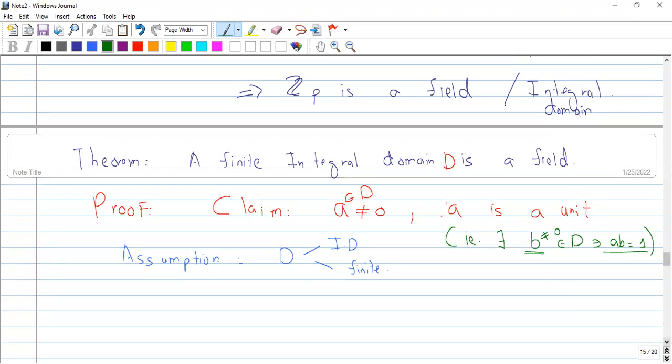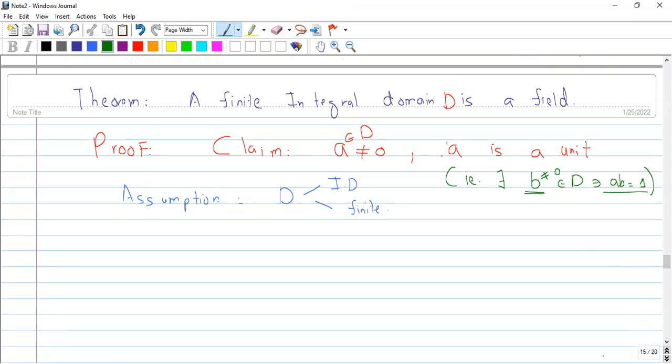Now, for that I define a set, let's say DA, which contains all non-negative powers of A, that is A^n for n greater than or equal to 0.